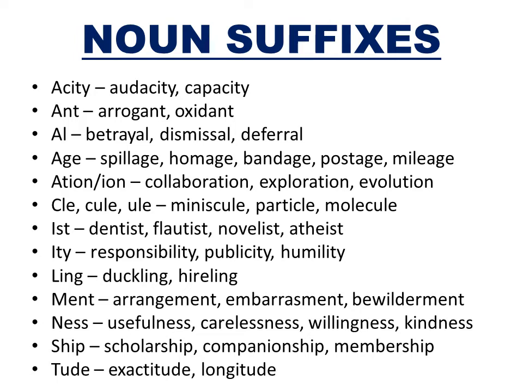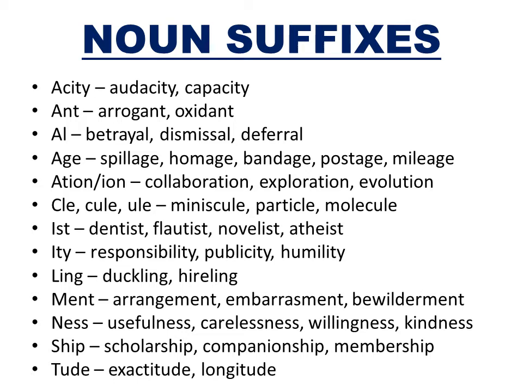Starting with noun suffixes, the suffixes under them are act, ant, al, age, asian, cule, ist, itty, link, ment, ness, ship, tude. By adding these at the end of another word, like a root word, it gives a new meaning. Audacity, capacity, or arrogant, occident.